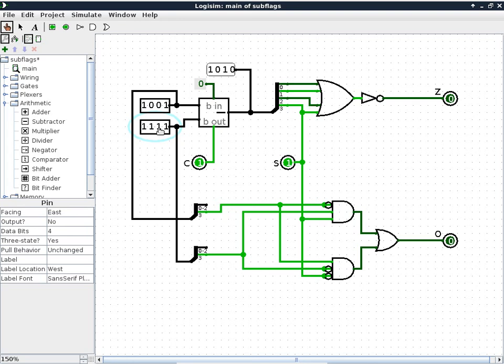This is -1, -2, and then we have -3, and so -4 is that. Okay, well, let's double check. Sometimes I don't trust myself. -4, so we have 0100 as 4.